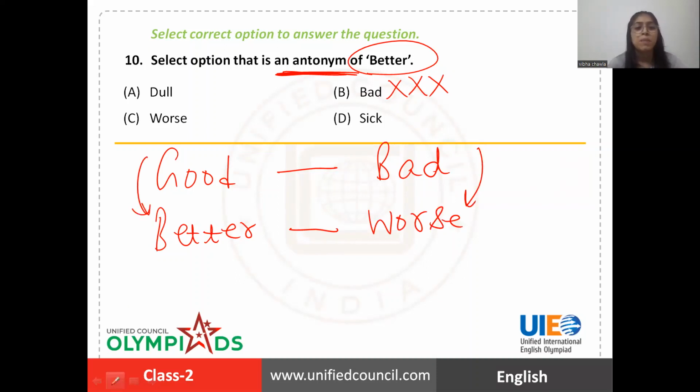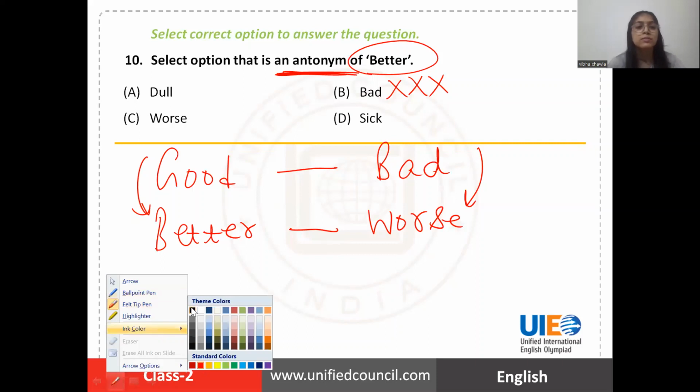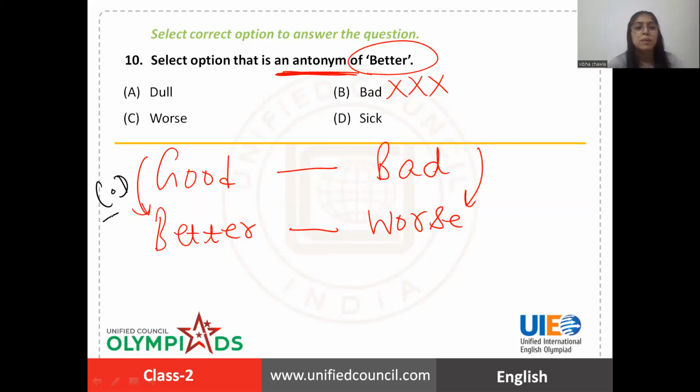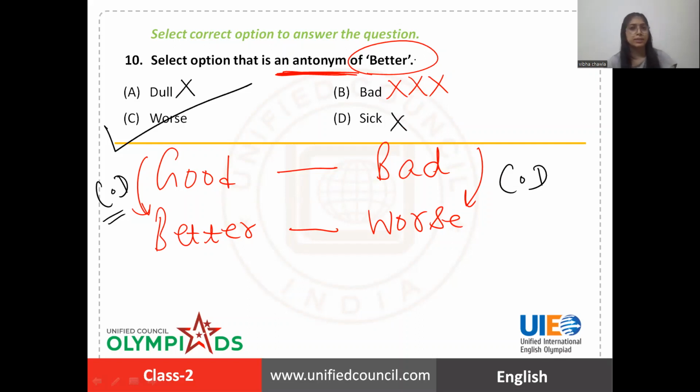The comparative degree of good is better. Likewise, the comparative degree of bad is worse. So the opposite of better is worse, not dull, bad or sick. It is worse. So the right answer is option C.